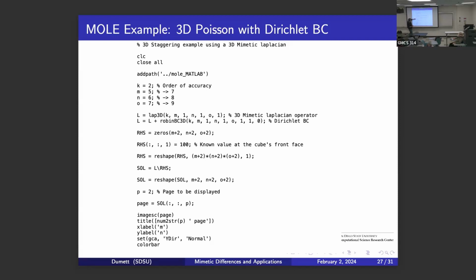Then construct the right-hand side, solve the system, and you have the numerical solution. Sorry, the right-hand side was in 3 dimensions. It's converted into a vector using this MATLAB function, and you find the numerical solution, go back to the original form, and just choose the second face of the 3D to plot, and this is the plot.